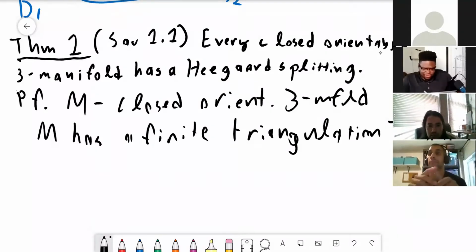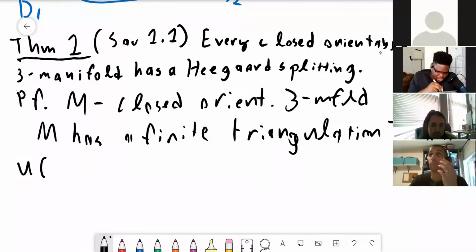All right, so once we have a triangulation, I'm going to use this notation U(T^1).